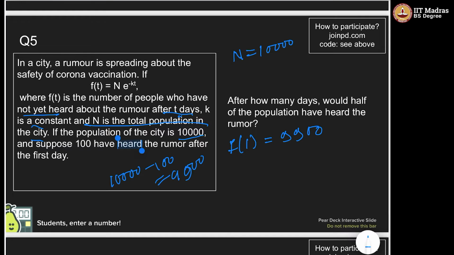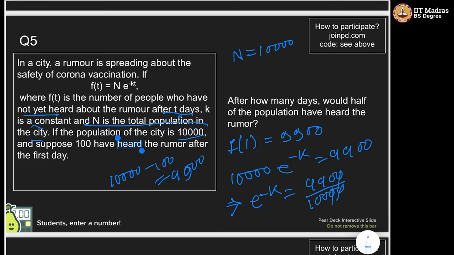Now, that means 10,000 times e^(-k) equals 9,900. So from here we get e^(-k) equals 9,900/10,000, which is 0.99.